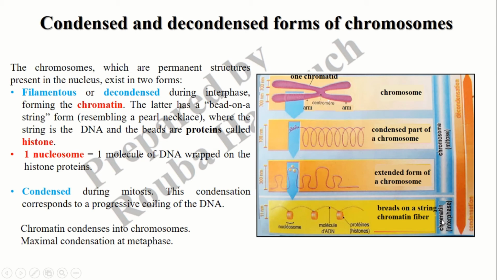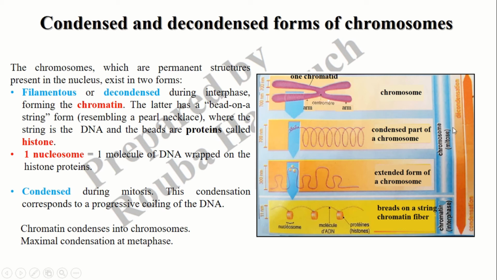Now, when passing from interphase to mitosis, the chromosomes or the chromatin undergo a condensation. This condensation corresponds to a progressive coiling of the DNA molecule. So the chromosomes are condensed during mitosis, and the maximal condensation takes place during metaphase of mitosis. So at metaphase, the chromosomes are very condensed and well visible.